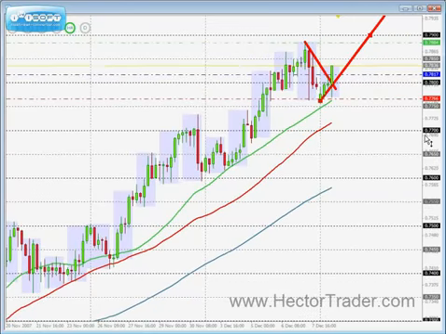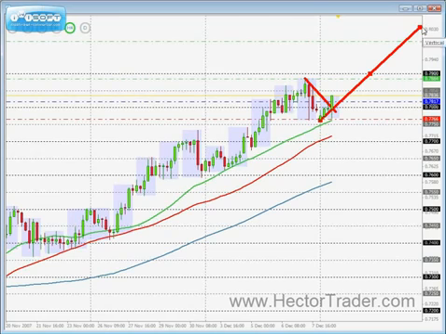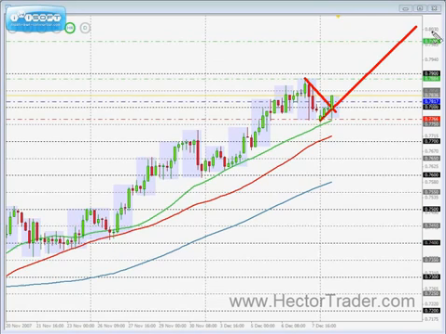Let me stretch out the chart a little so you can see that better. In my opinion, there is no point in trying to squeeze out these last 30 pips in this whole move. I'd rather be conservative with my targets and exit a little before that round number, 0.8000.